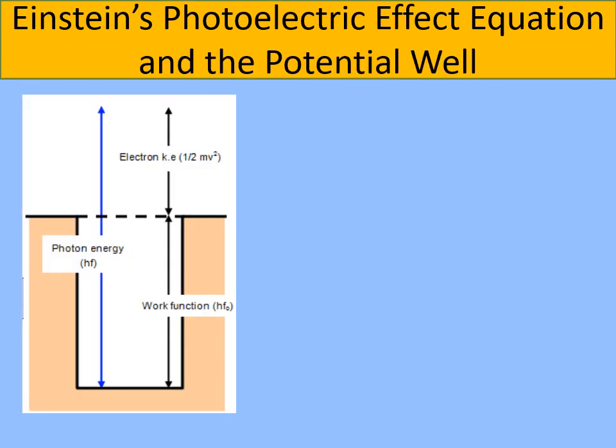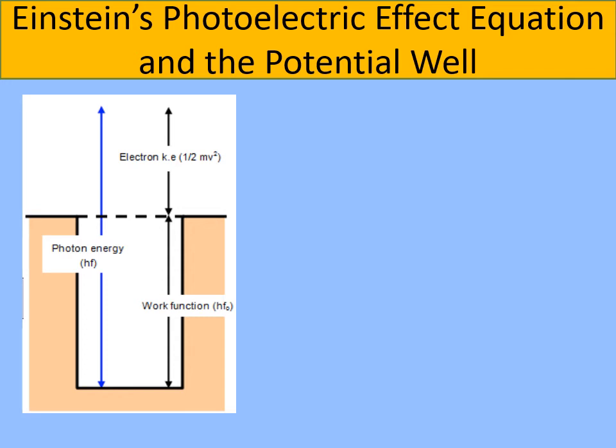So here we have our potential well diagram again. Now, if we have a quantum of radiation with an energy greater than the work function phi, or in other words, a frequency that is greater than f0, the threshold frequency, falling on the metal surface, then an electron will be emitted with some kinetic energy and escape the surface.